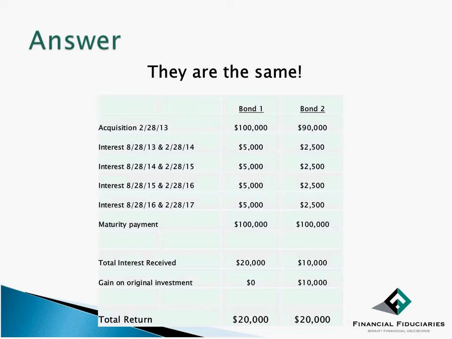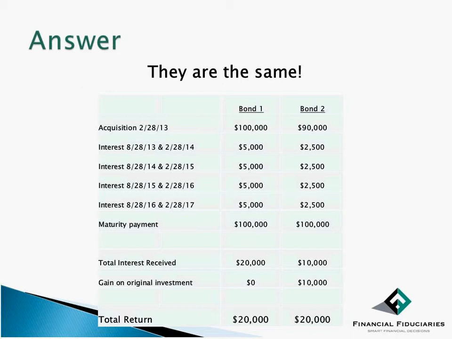Over here on bond 2, we only paid $90,000 for that bond. We only got $2,500 per year in interest. That's 2.5% on that $100,000. So we only got $10,000 worth of interest. But we made an extra $10,000 on that bond because we put $90,000 into it and we got $100,000 back. So when we add the interest to the gain on our original investment, we got $20,000.